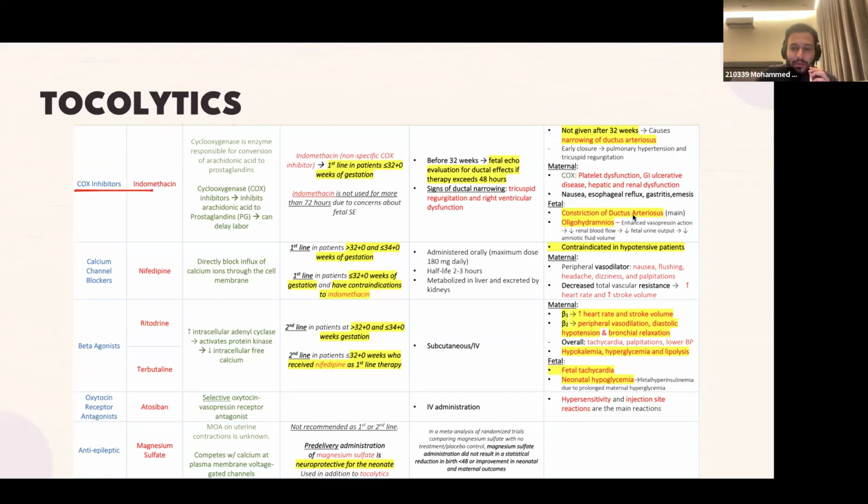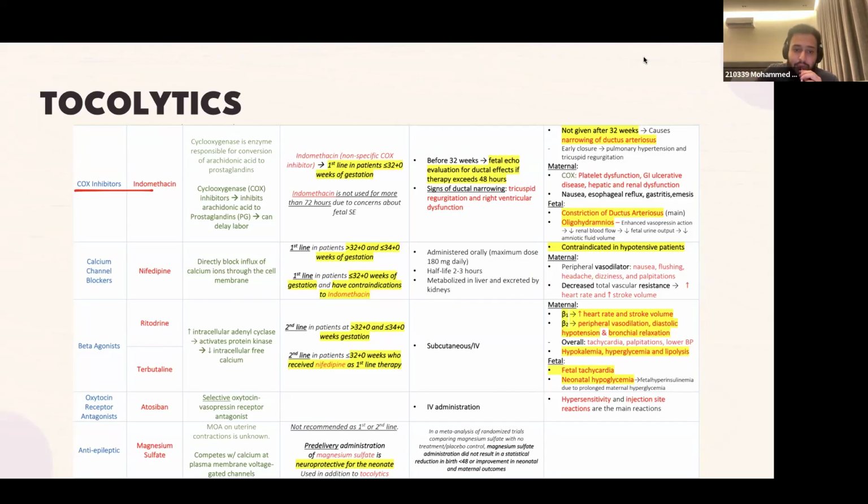In terms of the number of weeks, if it's given after 32 weeks, what side effect does indomethacin cause? Or NSAIDs, COX inhibitors. Narrowing of the ductus arteriosus, which will cause cyanosis and pulmonary hypertension and so on. So if it's below 32 weeks, yes, you give it.